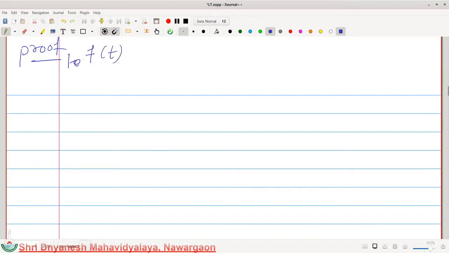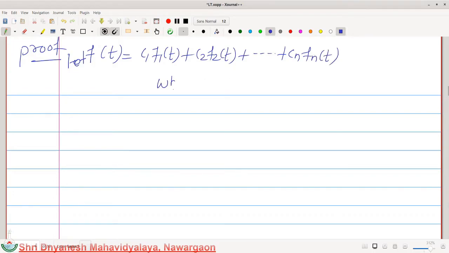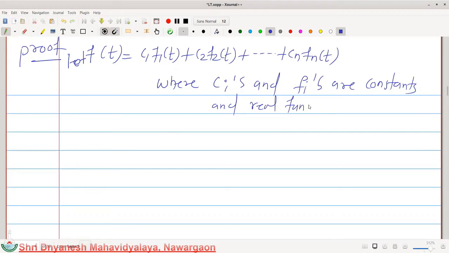Let f(t) equals c1 f1(t) plus c2 f2(t) plus so on cn fn(t), okay, where ci's are constants and fi's are real functions of t respectively, okay.